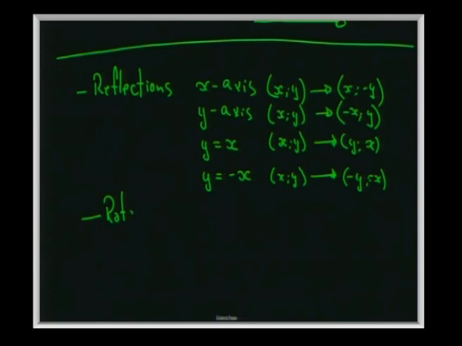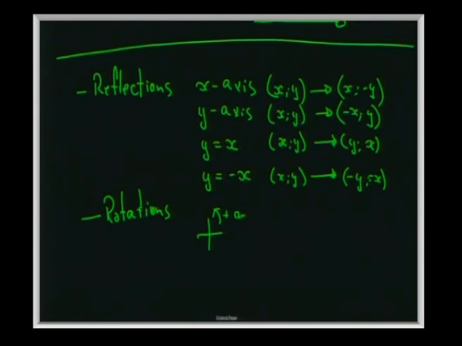After reflections, we looked at rotations. With rotations, we remember that we have positive or anti-clockwise, and negative or clockwise rotations. And we could rotate 90 degrees. And remember, we like to use a little diagram to help us remember exactly what happened.